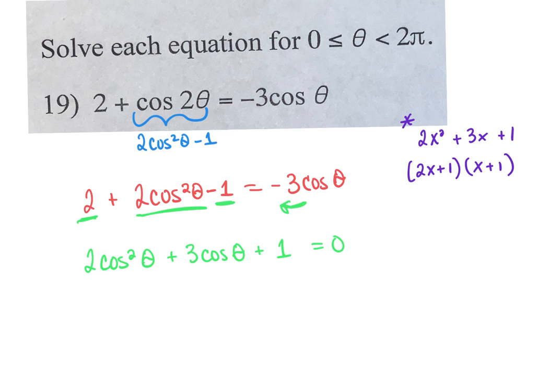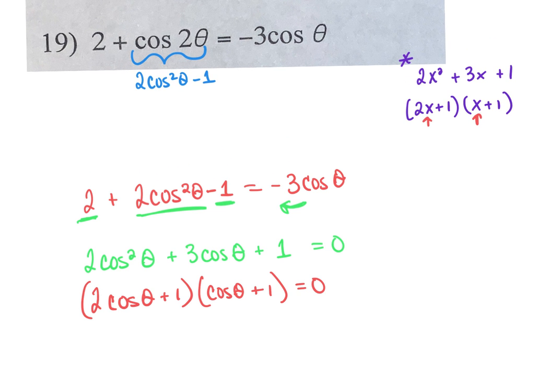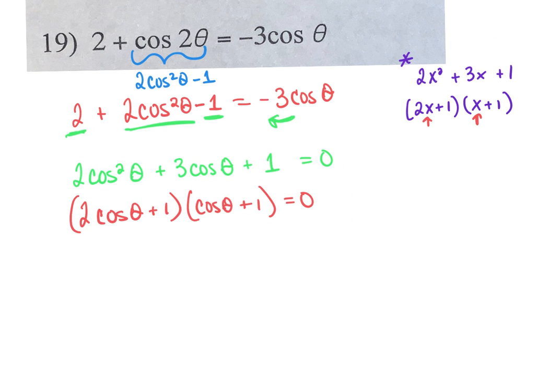All right, so I'm going to rewrite this, and I'm just going to put my cosines back in here. So it's going to be 2 cosine of theta plus 1 times cosine of theta plus 1, because that's how I'm solving by factoring. So I'm going to solve each one of those equal to 0.